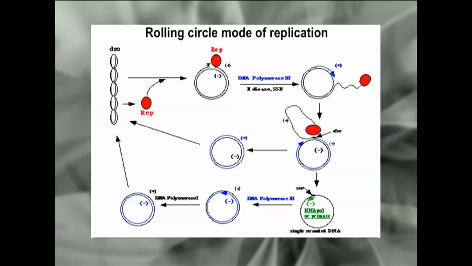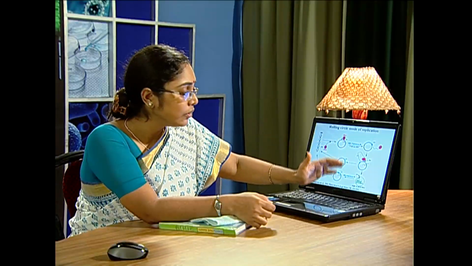Now, when the newly synthesized DNA reaches the nicked site, again GPA will cleave it and a unit length ØX174 genome will be released. It will now serve as the template for synthesizing the complementary strand. That means one more RF will be formed.